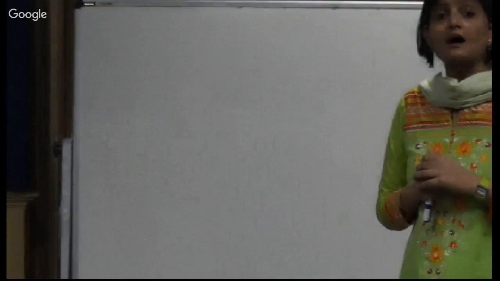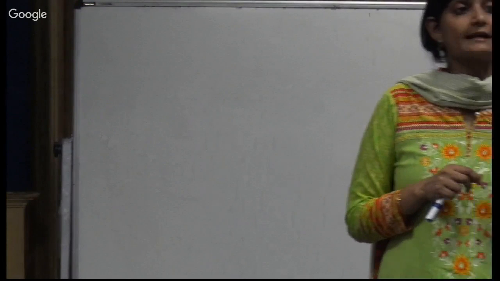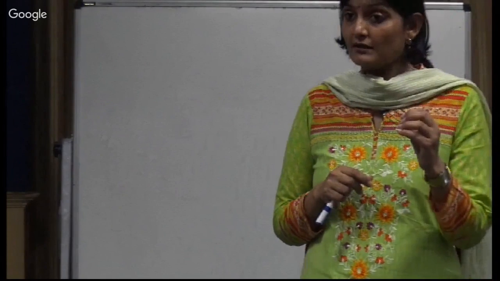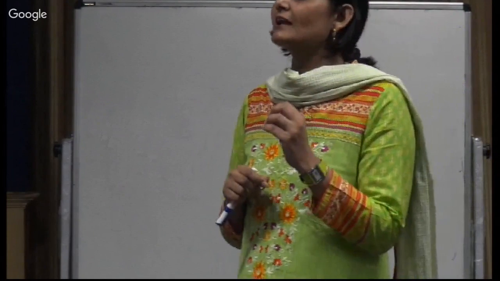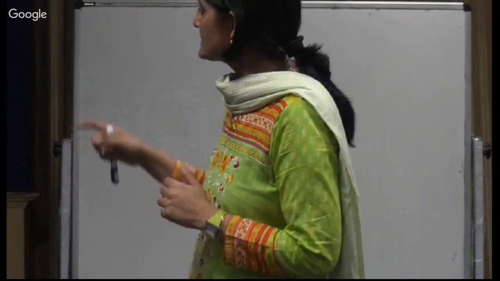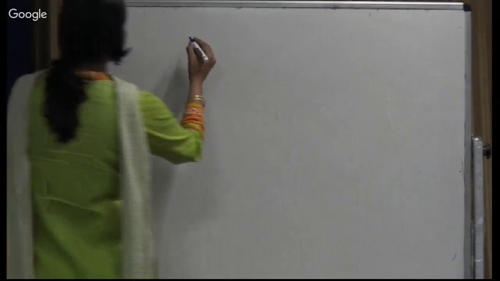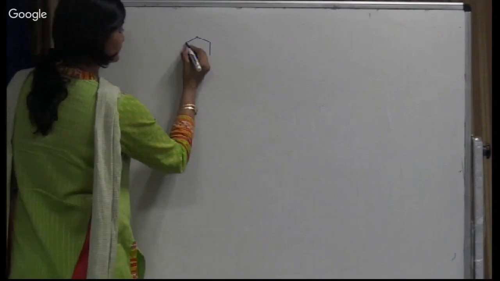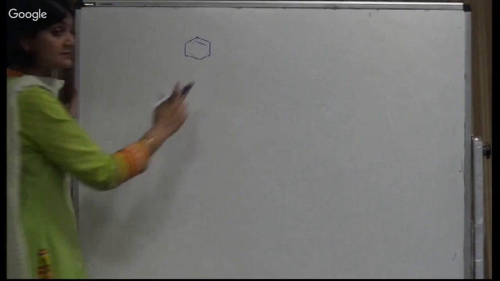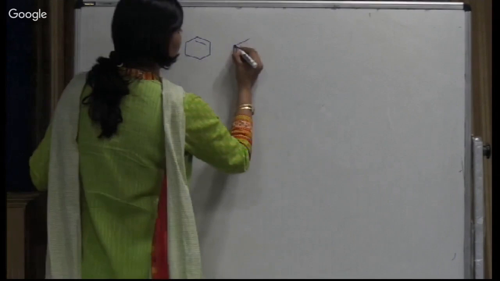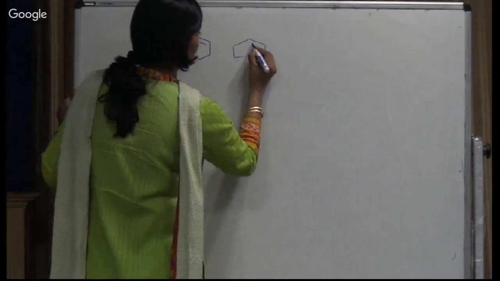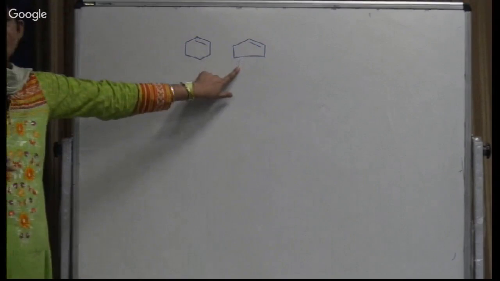The alkenes are those hydrocarbons which contain at least one carbon-carbon double bond. They are called the unsaturated hydrocarbons. Like the alkanes, they can also be open chain or they can be cyclic. One example of an open chain alkene I have given you here, that is of ethylene. Cyclic alkenes can be compounds like this, cyclohexene, and this compound is cyclopentene.